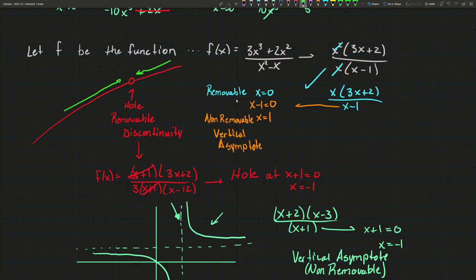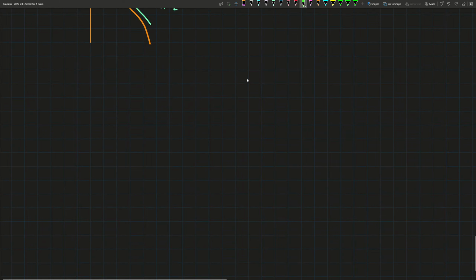How do you know if it is a horizontal asymptote? It is a horizontal asymptote if it's a rational function.